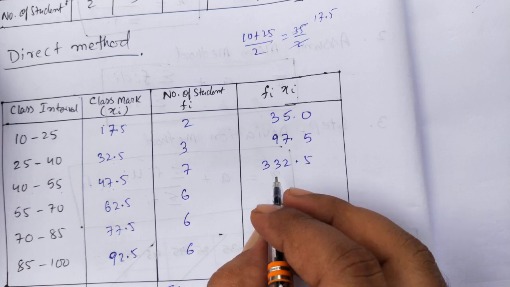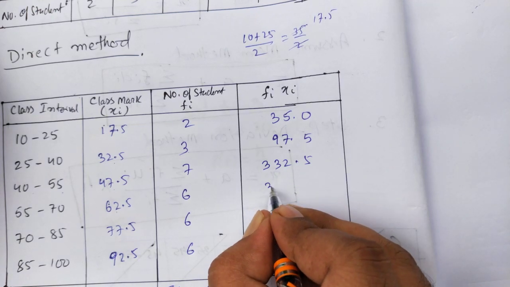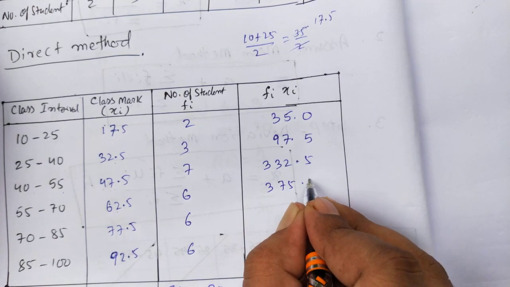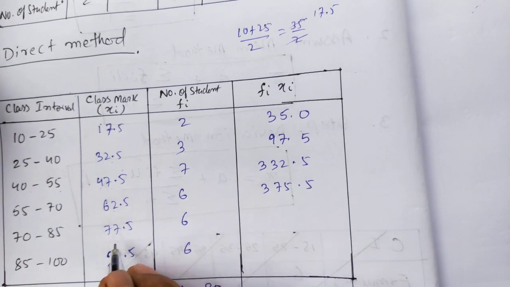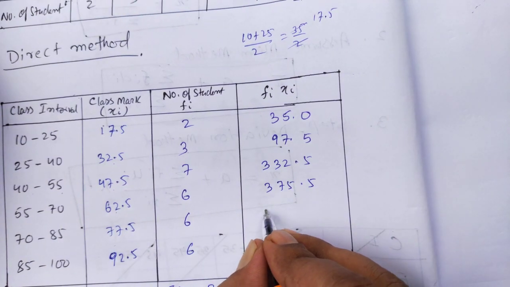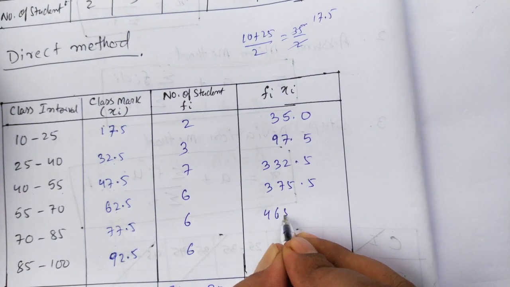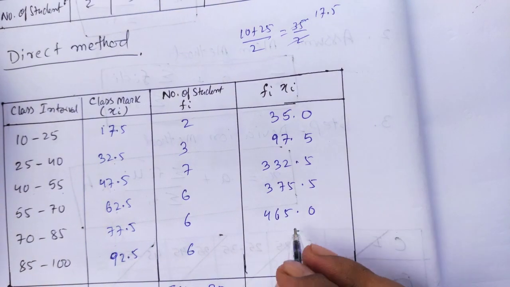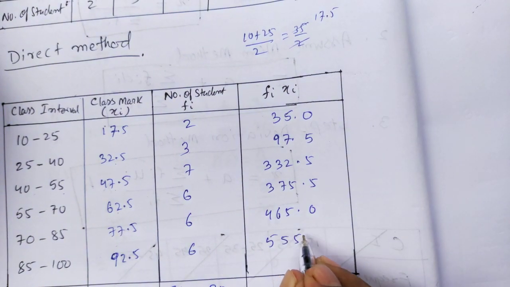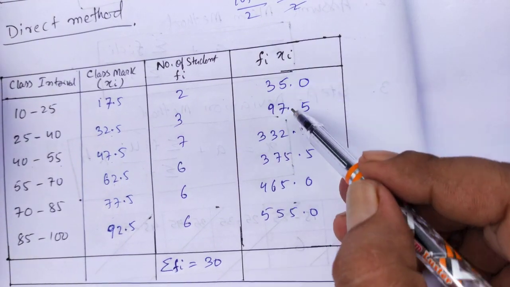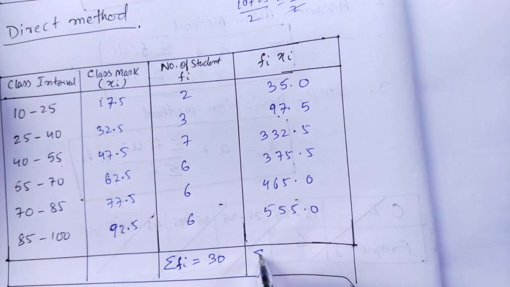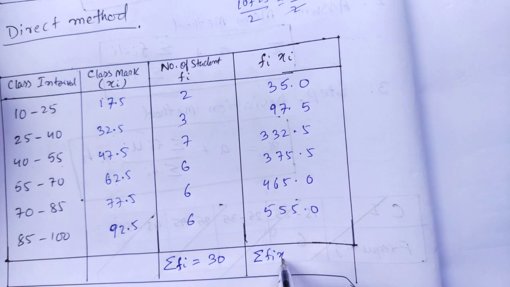Multiply these two, 375.5. Multiply these two, 465.0. Multiply these two, 555.0. Now the total of this is called summation fi xi.